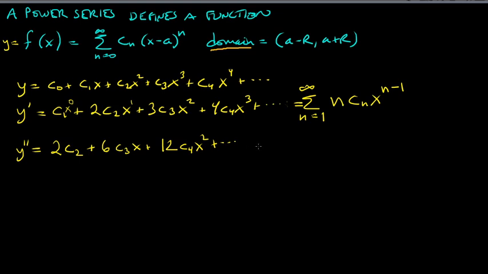So that is going to be the sum going from, now we're starting at n equals 2 to infinity. So now we're going to have n times n minus 1 times cn times x to the n minus 2. Okay, so keep that in mind, that when you take derivatives, you're effectively shifting your n, right, because the sums start at n equals 1 for the derivatives, and then for the second derivatives, they start at n equals 2, right? So yeah.